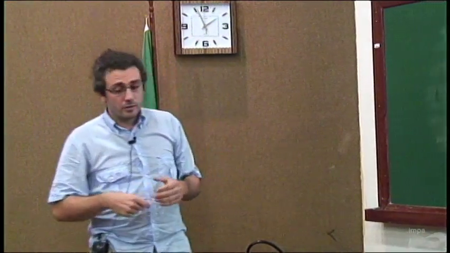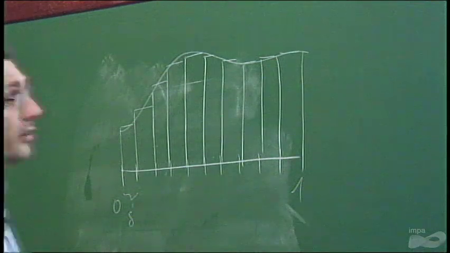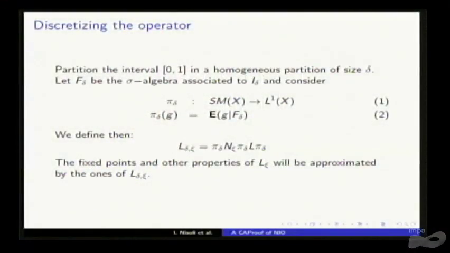And what happens is that if you discretize the transfer operator by using this projection, what you get is a matrix.